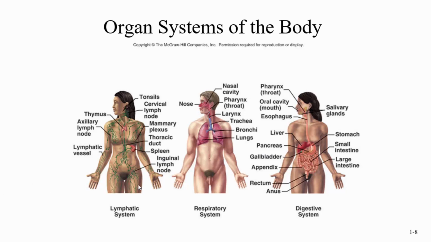For instance, if body fluid builds up in the tissues, well, the excess that doesn't go back into the bloodstream will then get drained off by the lymphatic system. That's why if someone has a damaged lymph node for whatever reason, then sometimes, especially if it's in a limb, you can get swelling in that limb if there's damage to that lymph node, or if that lymph node was removed or such.